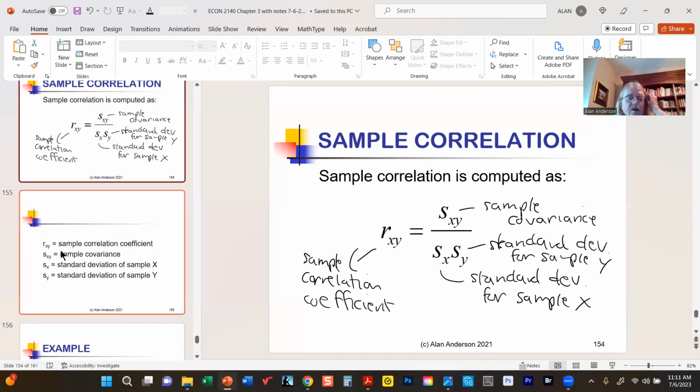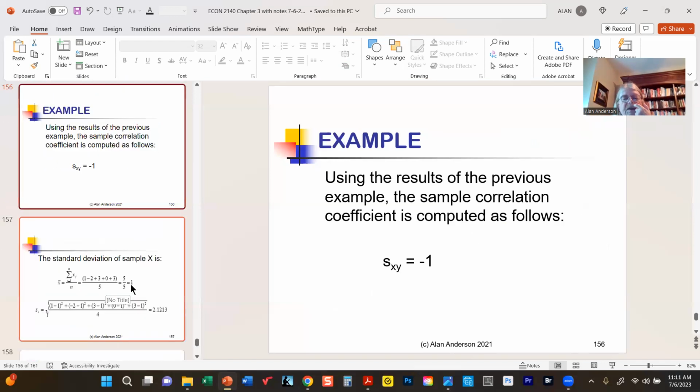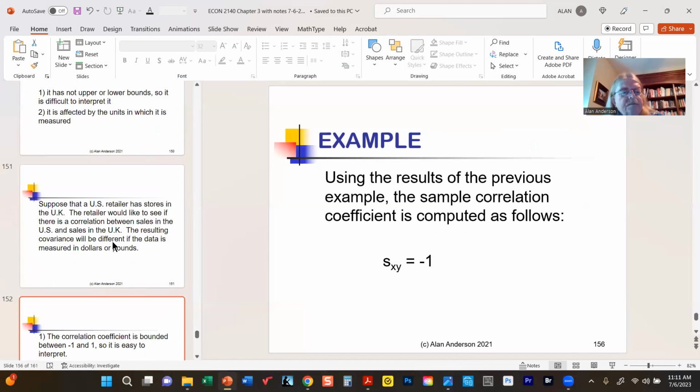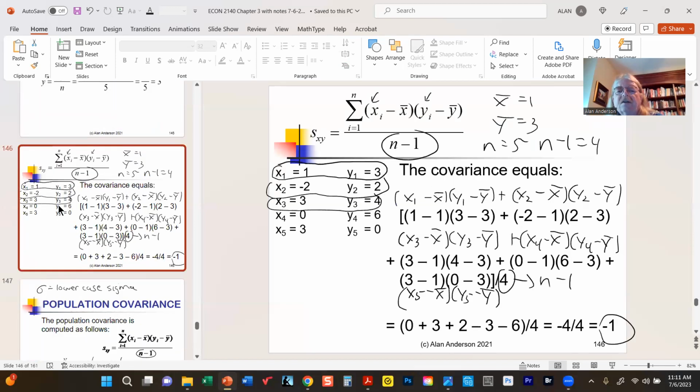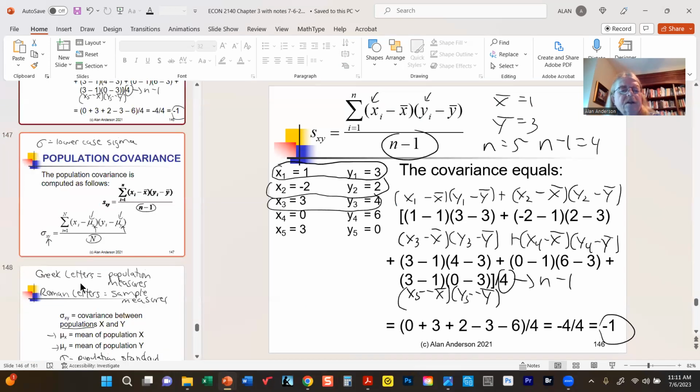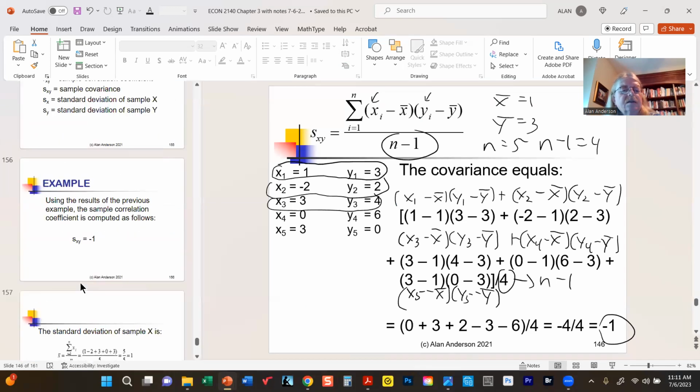All right, so what we're going to do here is go through the steps of calculating the correlation for this last example, where all we did so far is calculate the covariance. So now what we need to do is calculate the standard deviations of these two samples. Of course, we've already done this, but it's good practice.